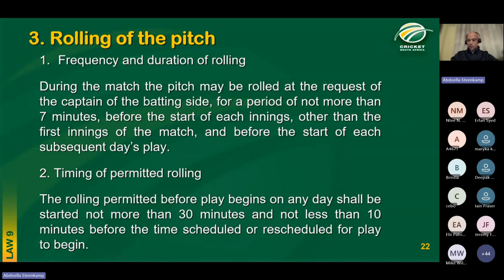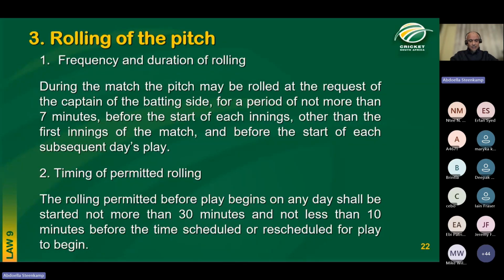So practically what will happen is, let's say on the evening of day 1, when stumps is called, South Africa is 400 for 2. So they will continue batting the next morning. The fourth umpire will then go to Temba Bavuma the morning of day 2. This is obviously before play starts. We'll then ask Temba, do you want the pitch to be rolled?